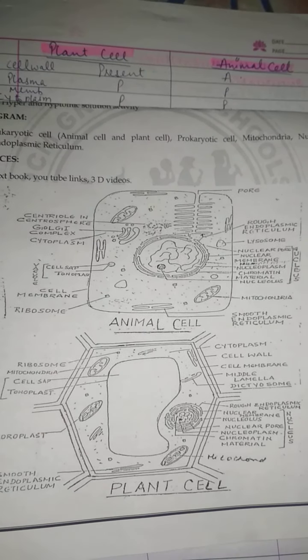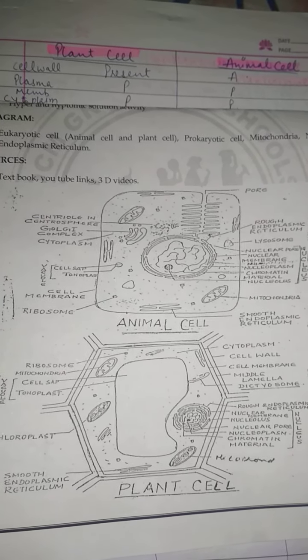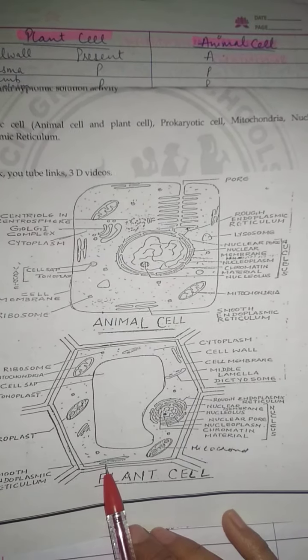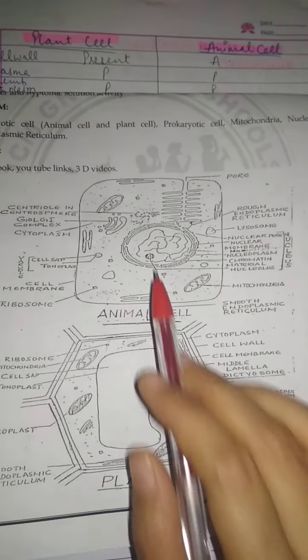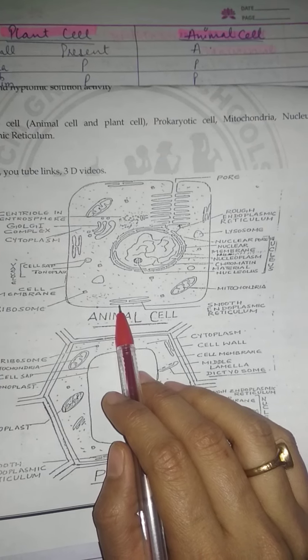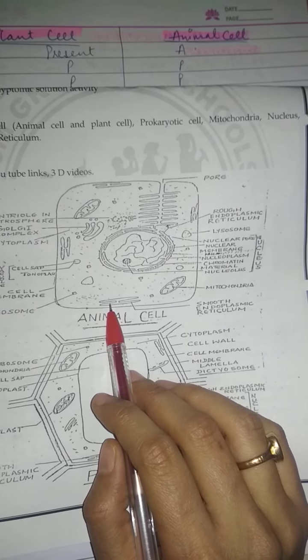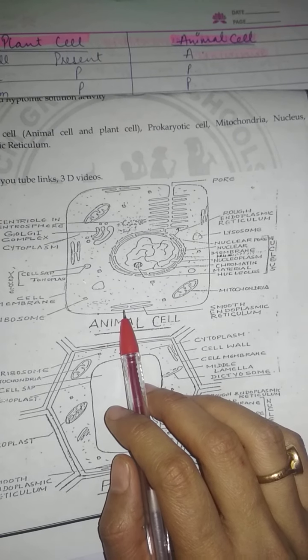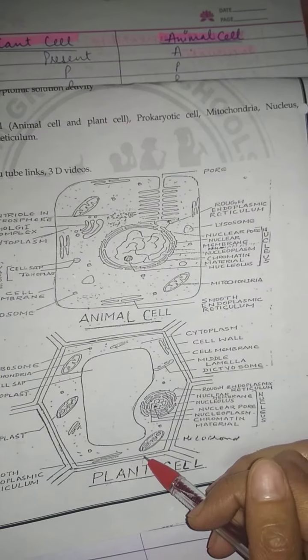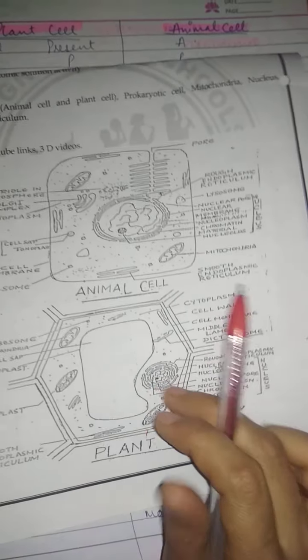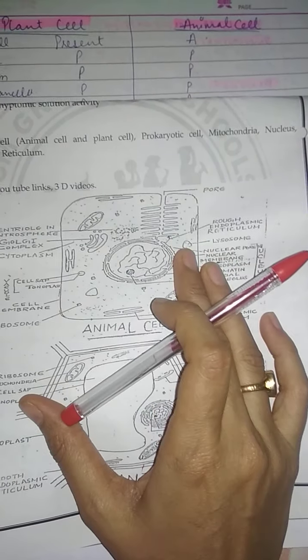See, the major difference is that the cell wall is present in plant cells, but in animal cells no cell wall is present. Second is the plasma membrane. Plasma membrane is present in both cases, plant cell and animal cell.